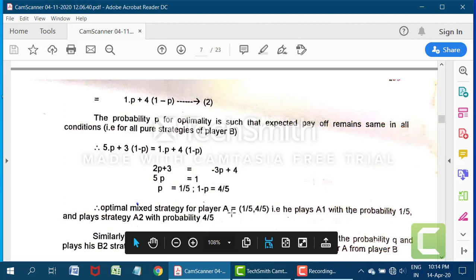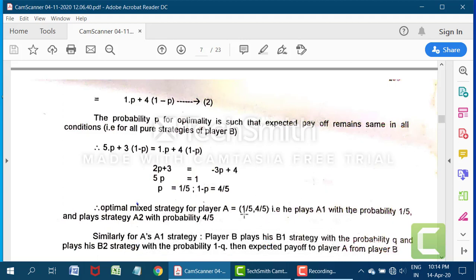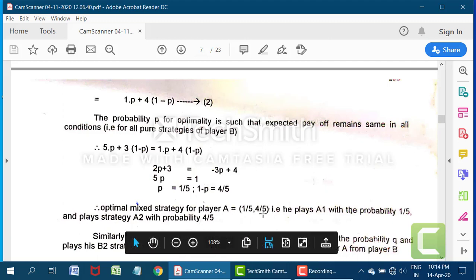So what is the mixed strategy for the player A? It is nothing but the probabilities: the probability that A is going to choose A1 strategy is 1 by 5, and the probability that A is going to choose A2 strategy is 4 by 5. First probability, comma, second probability. The summation of these two probabilities will be equal to 1. So the mixed strategy for the player A is known this way.